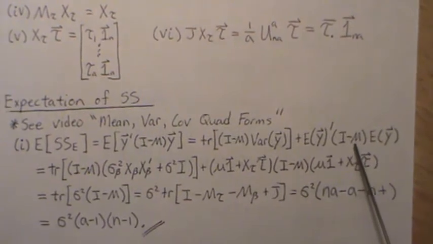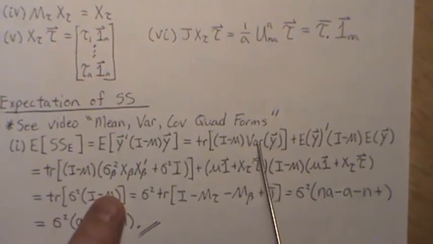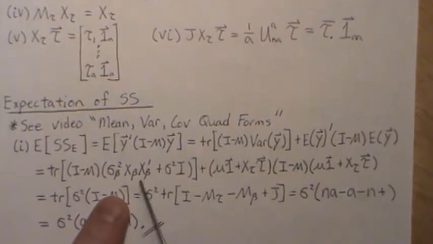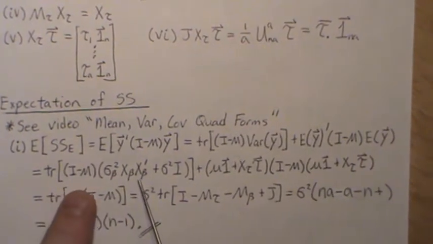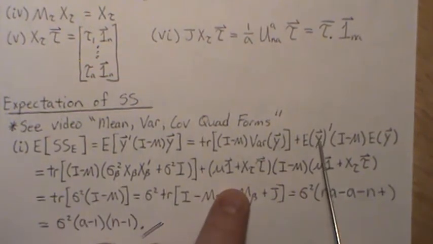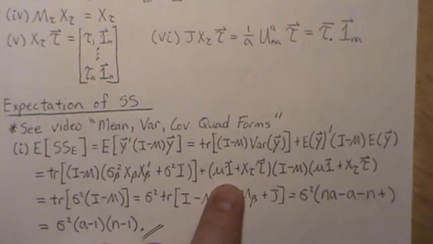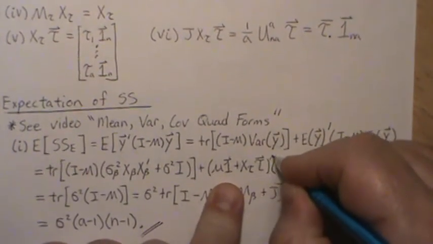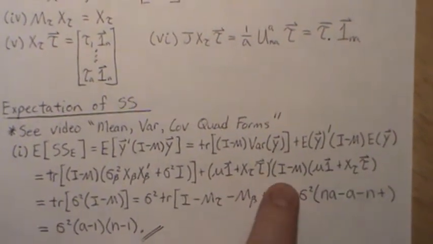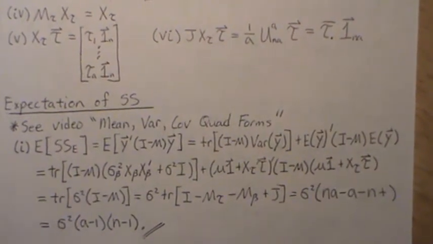Now here, we put in the variance of y, which we derived up there as this, and then the expected value of y is this, and we need a transpose there. I minus M, and then the expected value of y.